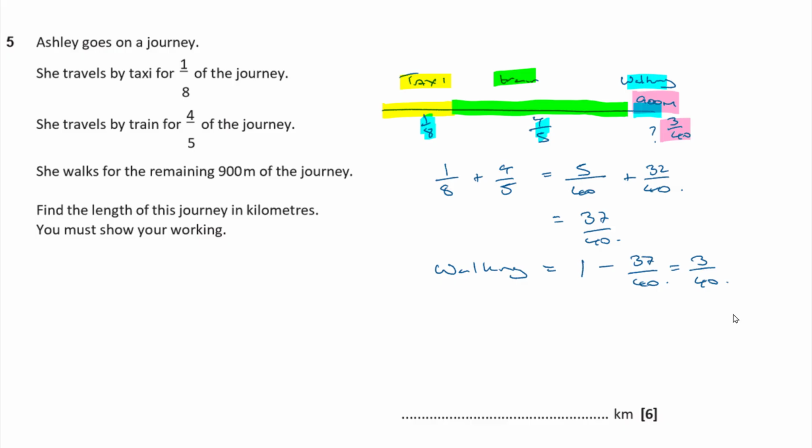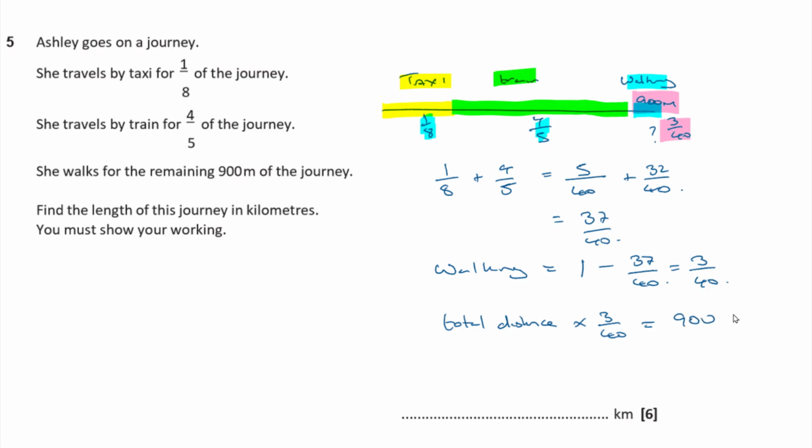So if I take the total distance and multiply it by 3/40ths, I get 900.